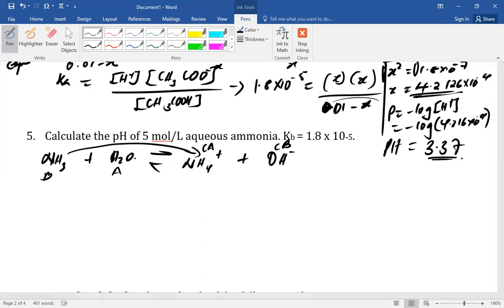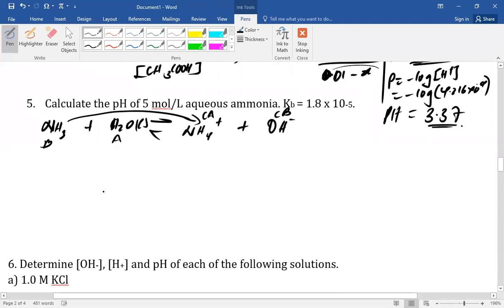Now remember, water is liquid there. I wanted to make sure I stress that point. So we don't even have to pay attention to it, because a liquid, in terms of equilibrium, has an activity of 1 in thermodynamics. So we have the initial concentration, the change, and the equilibrium concentration. The initial concentration of ammonia is 5 mol per liter, and the change is always x, because here we don't have any stoichiometric coefficients.